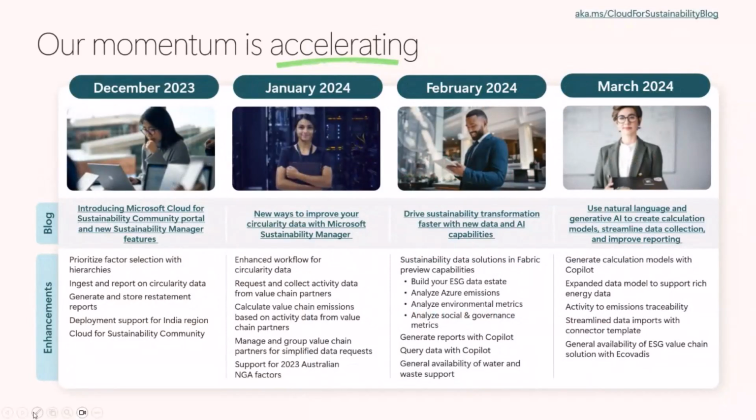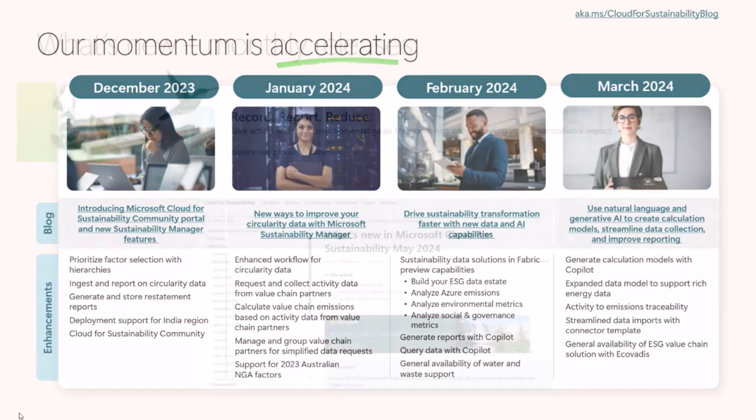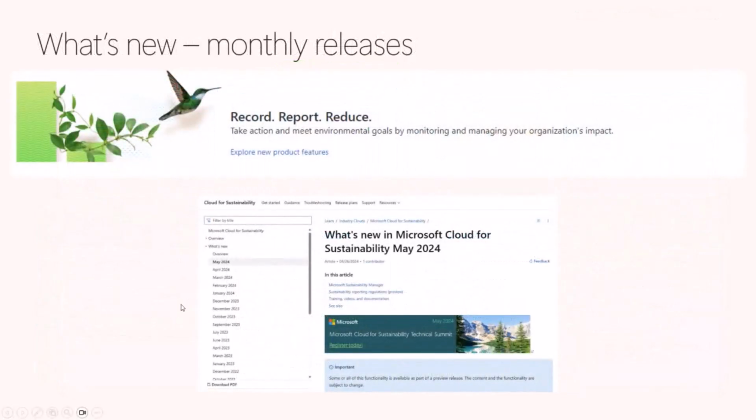Now, for those of you that were available and sat in on our earlier session with Brandon, this is a great reminder that our momentum continues to accelerate and we continue to ship our updates every month. So you can go out to our Cloud for Sustainability blog to learn more about what we ship each month. You can also find about our updates within the product itself on the homepage by clicking on Explore New Product Features.